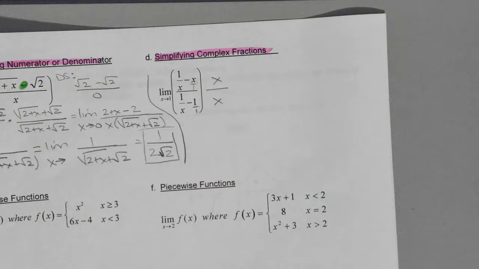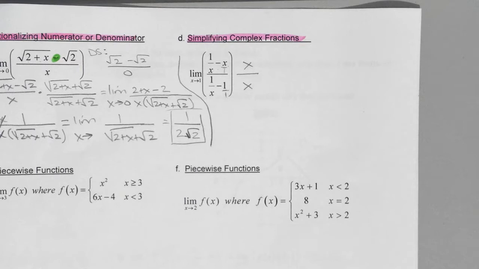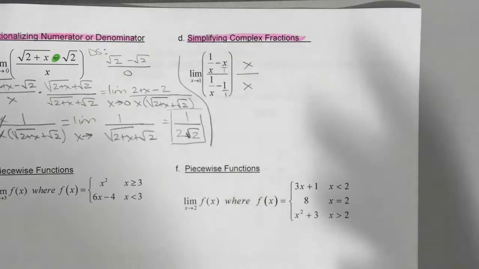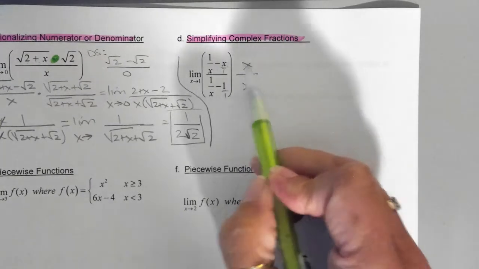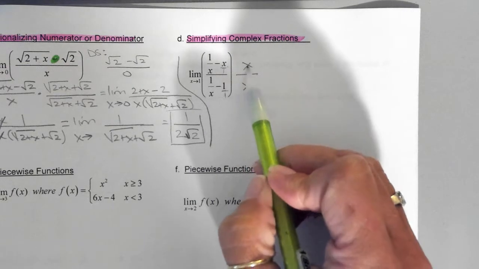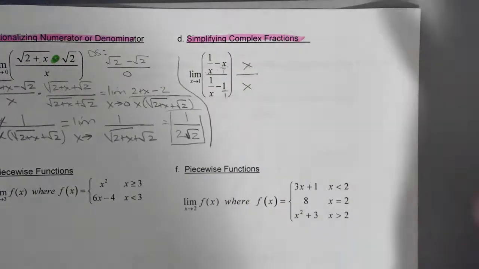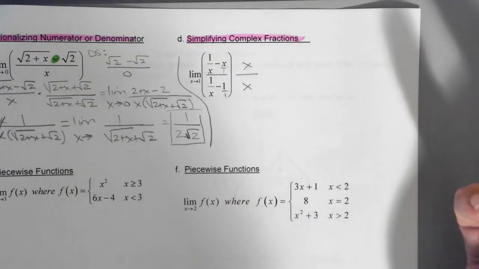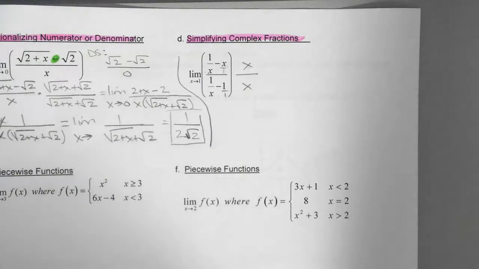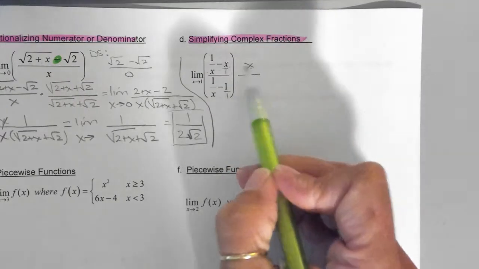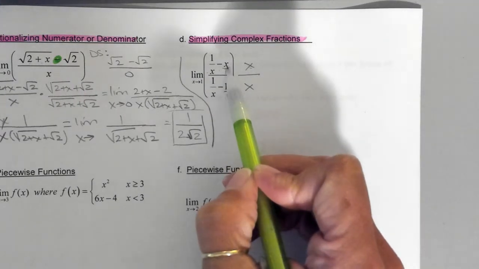Now guys, remember, when you are multiplying by the common denominator, you are distributing this to everything that's here. Meaning, when I multiply x times 1 over x, what does it give me? 1x over x. So x over x just becomes 1. The x's cancel out, right? And then you have x times x, which is x squared.